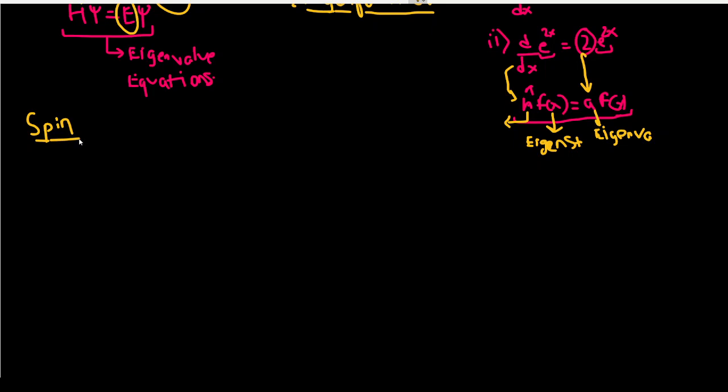What happens is that s square is defined as sx square plus sy square plus sz square. It means spin square is equal to the spin in the x axis squared plus spin in the y axis squared plus spin in the z axis squared. And this is how we define the spin square.